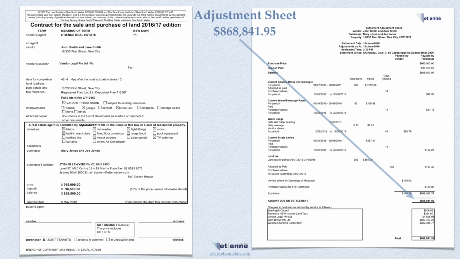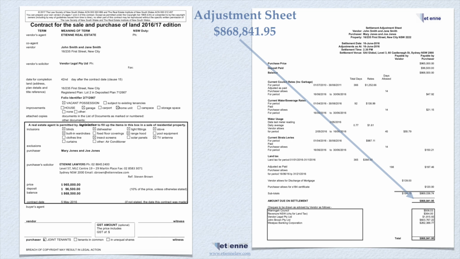The amount due on settlement is not the same as the contract balance, because the balance in the contract does not take into consideration what the vendor has paid in advance for such things as council, water rates, and in some cases strata levies and land tax.